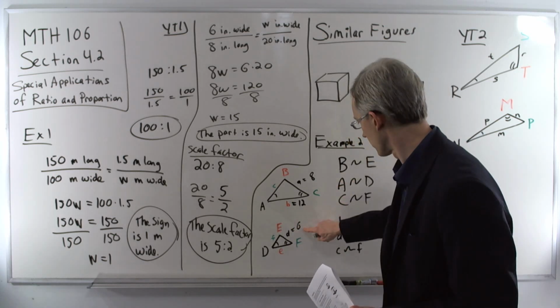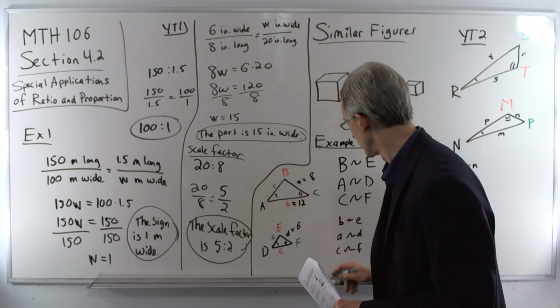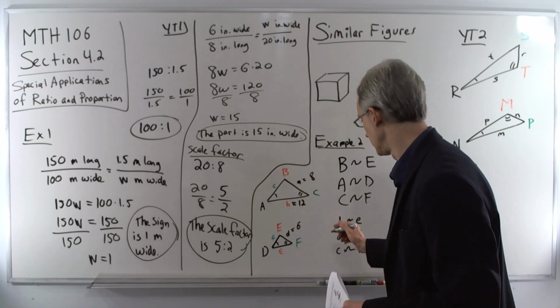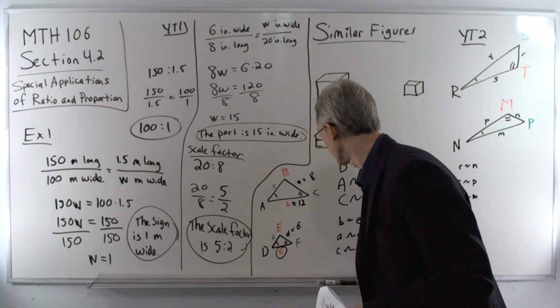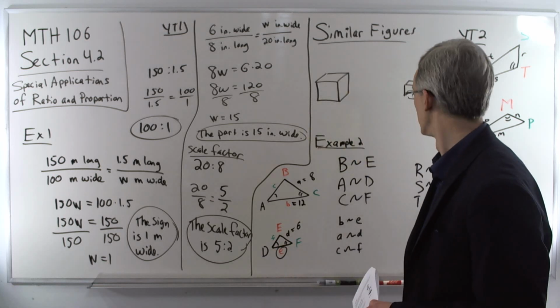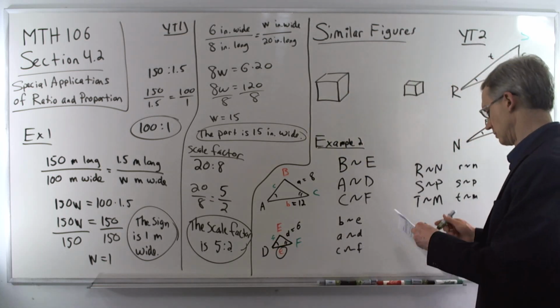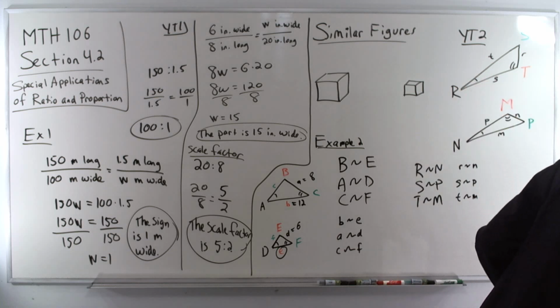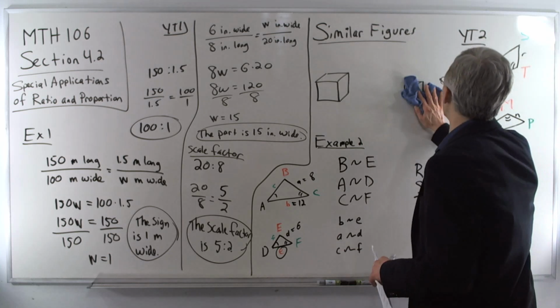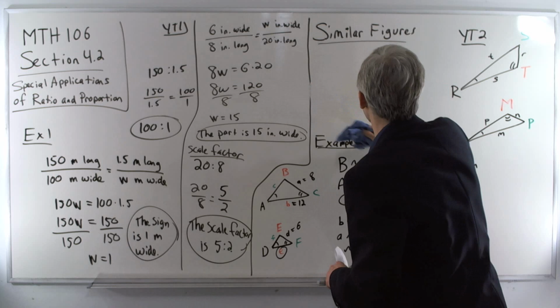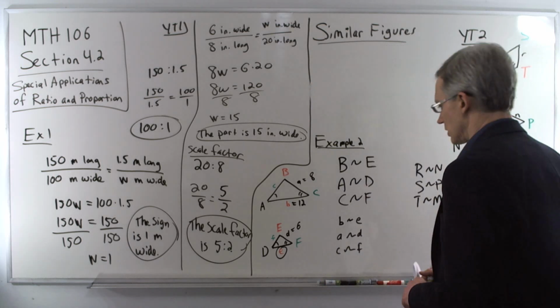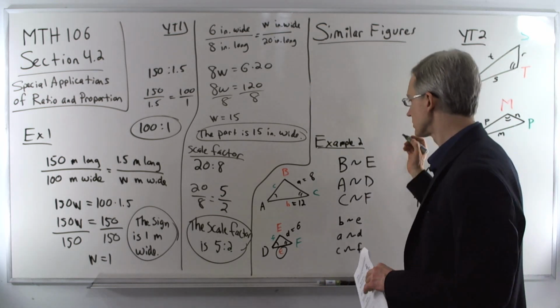Notice that we have some corresponding sides here, that's what we want. And then we have E as the unknown. So we're going to find the length of E using a proportion.